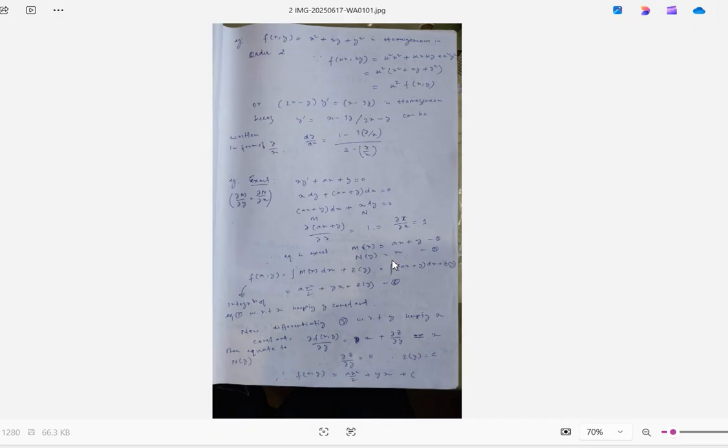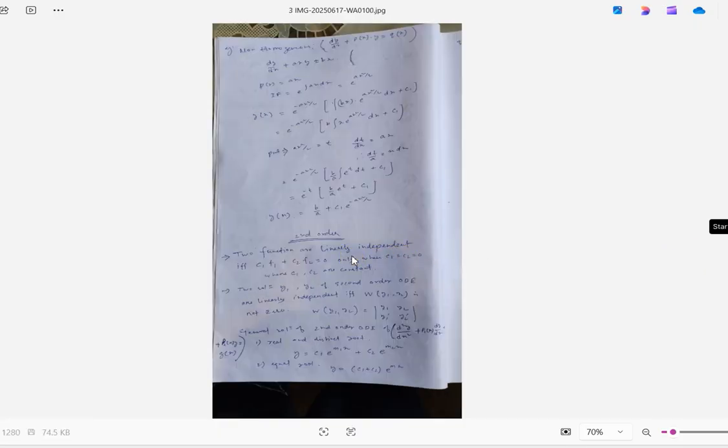But we can do a similar thing with the second equation also. First integrate this equation, then differentiate with respect to x. That will also give the same answer.